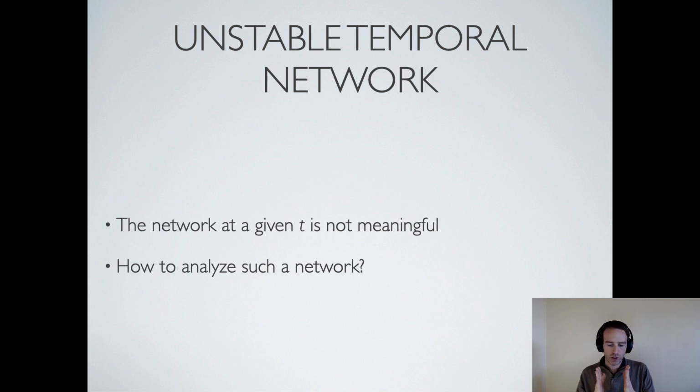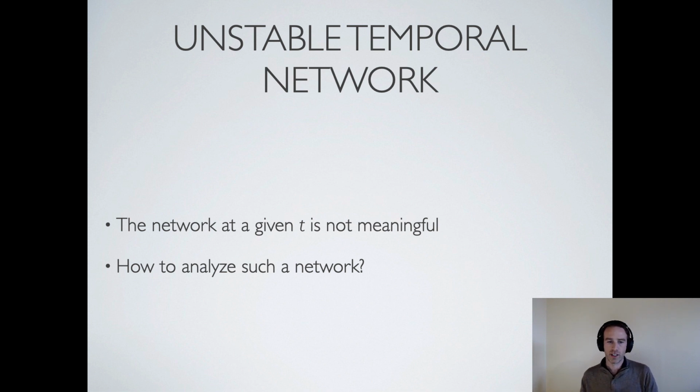If you check a particular second in time, say today at exactly 2 p.m., and you check all the edges at that moment, you have only the people who sent an email at this exact second, and obviously this is not a meaningful network.